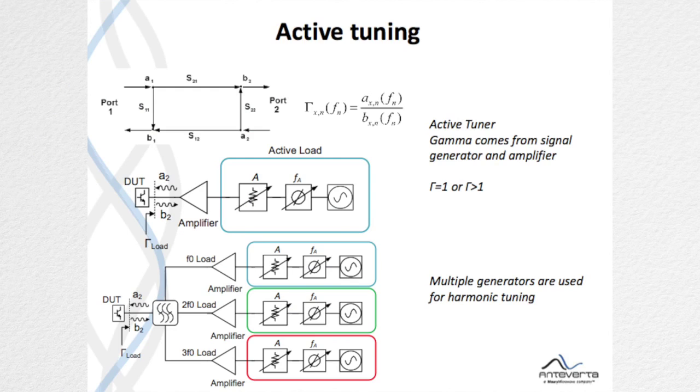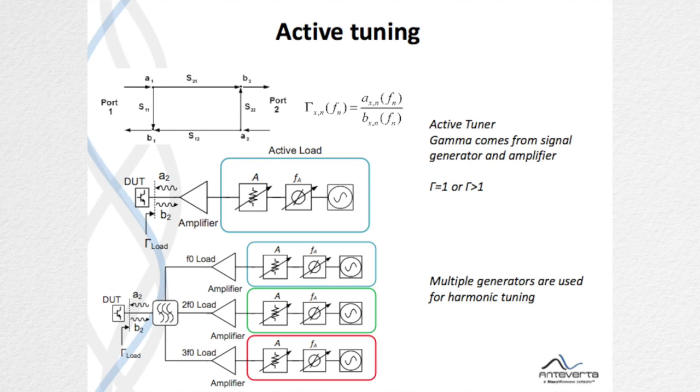Active tuning is becoming more and more popular in recent days, mainly because of the problem of the losses in tuners. The concept is pretty straightforward. Your gamma is defined as the ratio of 2 waves. In an active tuner, you can essentially create an arbitrary A2 wave. By moving its amplitude and phase, you can create any reflection coefficient that you desire.